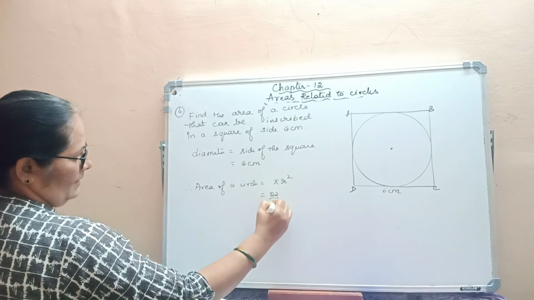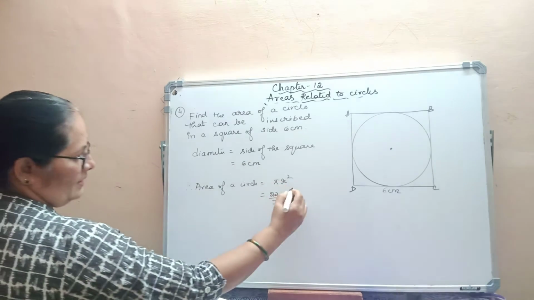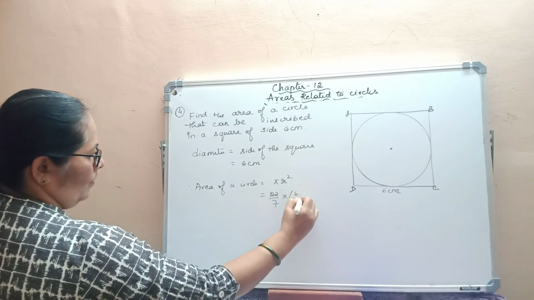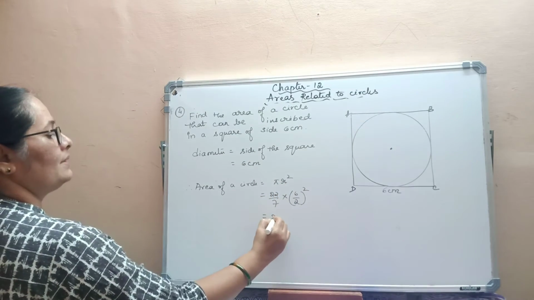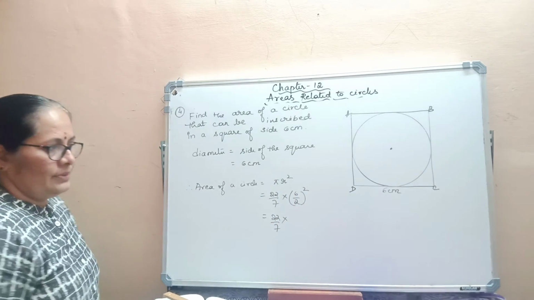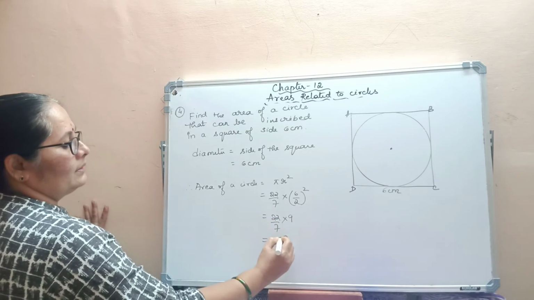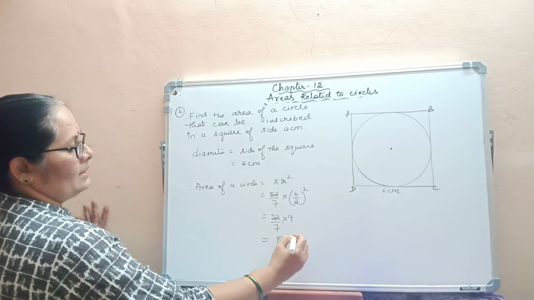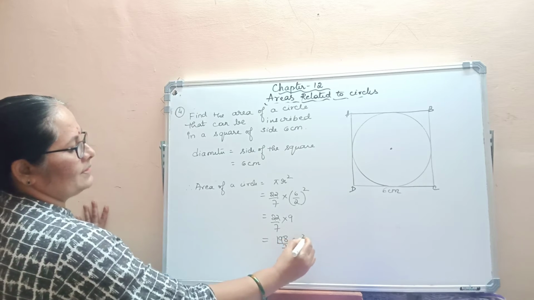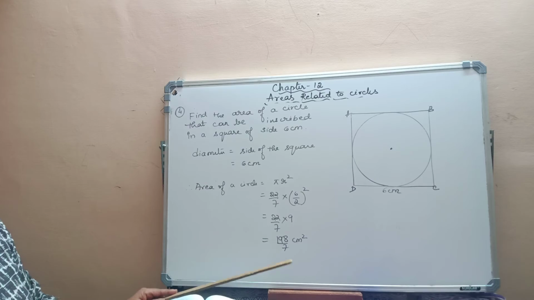Pi is 22 by 7 and radius is half of the diameter, that is 6 by 2 whole square. So 22 by 7, that is 3 square is 9, so 198 by 7 centimeter square.